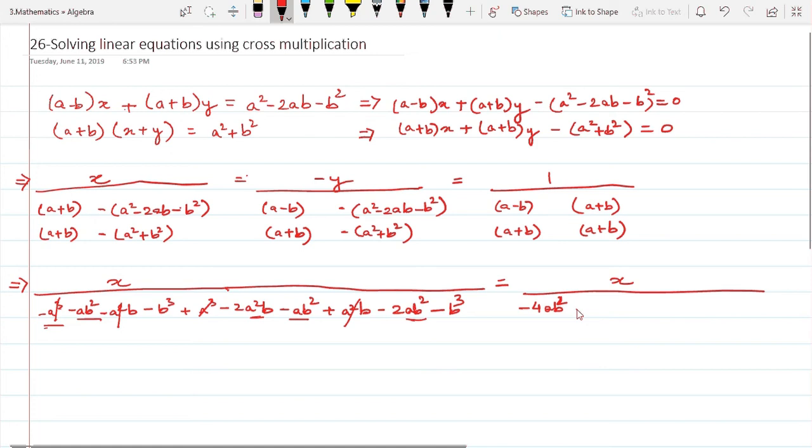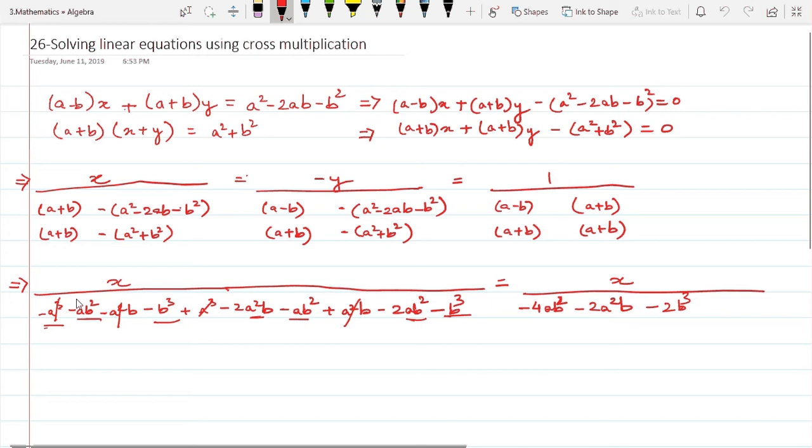I have a minus b cube, and another minus b cube, so I have minus 2b cube. Is this right? Let me check this again. Have I considered all terms? Yes, because every term has been scratched off. So this seems right.